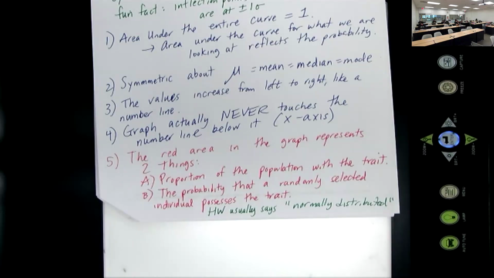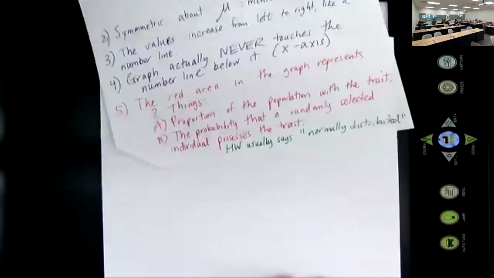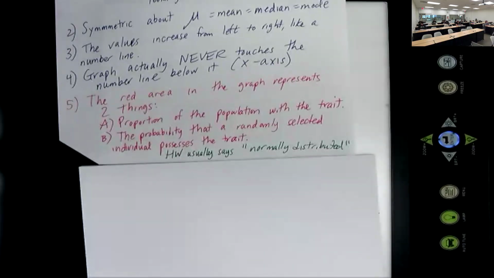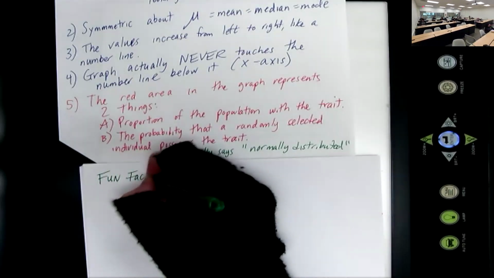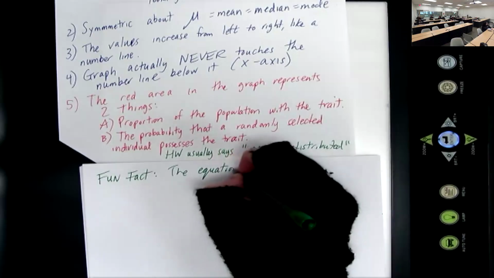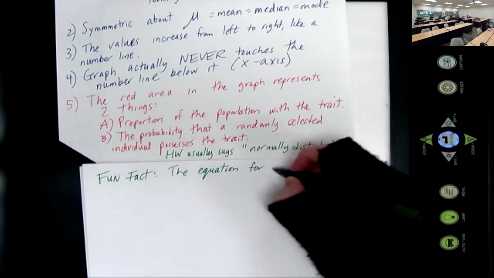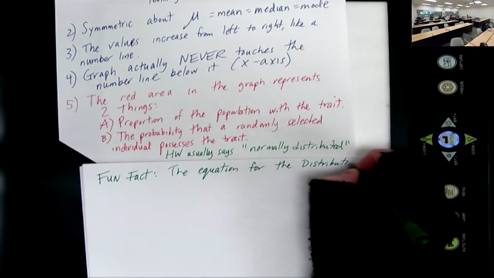Y'all have seen equations in math, whether you like them or not, right? The equation for the normal distribution, which you do not need to know, fun fact. Which means you don't need to know it, unless you're going to be a science major. Or even better, a statistician.